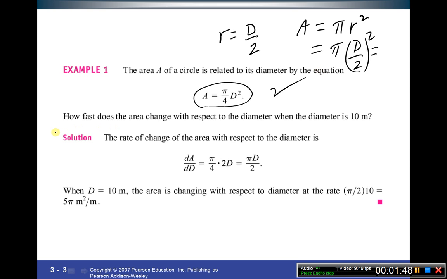So suppose you ask the question, how fast does the area change with respect to the diameter when the diameter is 10 meters? Well, what you do is take the derivative of the area with respect to the diameter, just using the power rule.